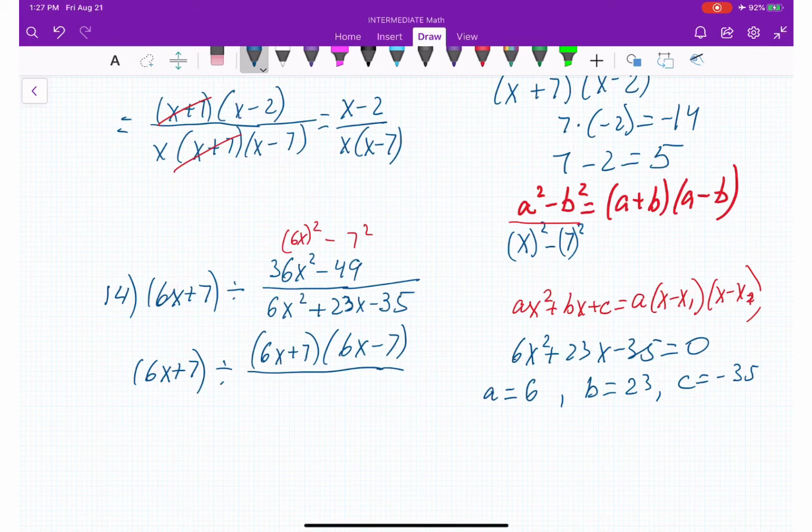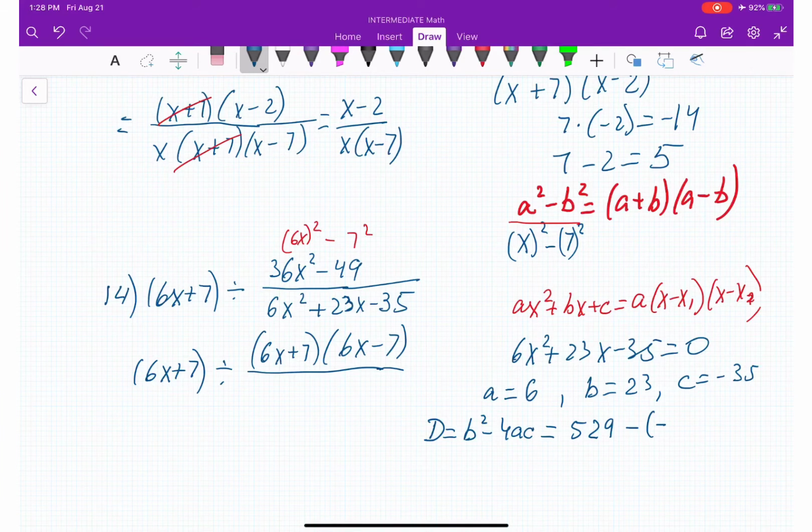Okay. Let's see what we are getting here. So first of all, I have to find the discriminant. Discriminant is equal to b squared minus 4ac. Okay. b squared, it's going to be 23 times 23, 529. And then minus negative.